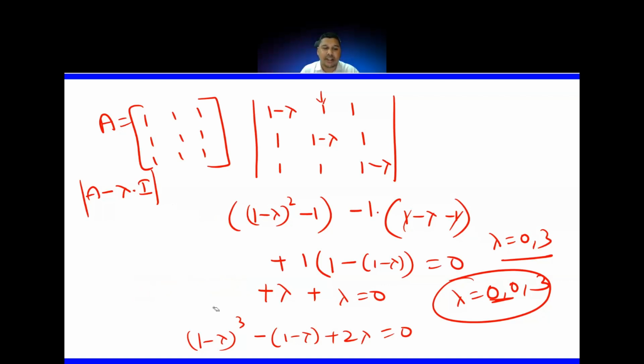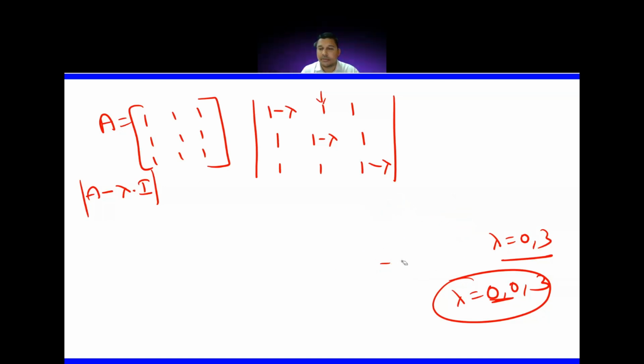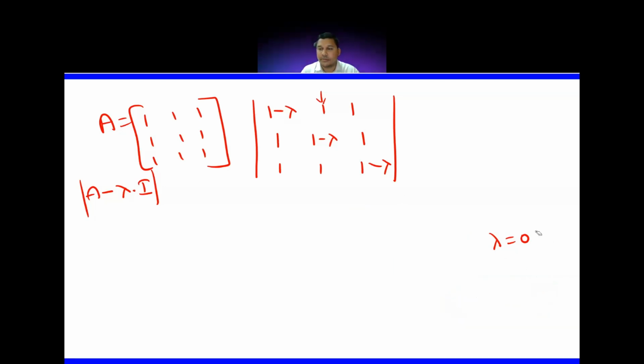Can you tell me what the eigenvector is for eigenvalue 0? For lambda 1, that is 0.